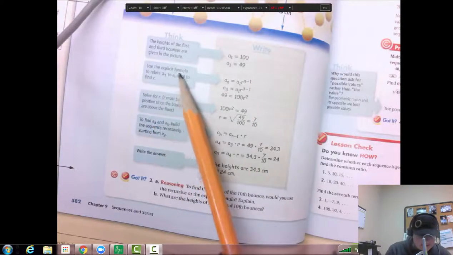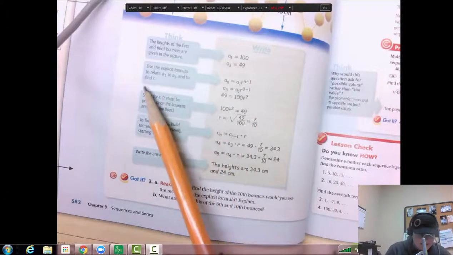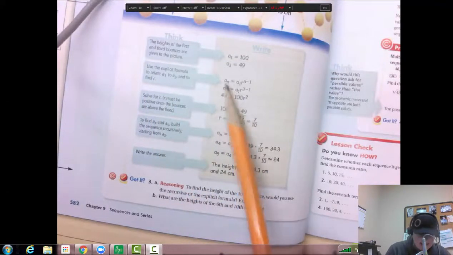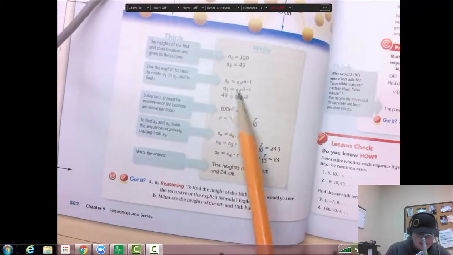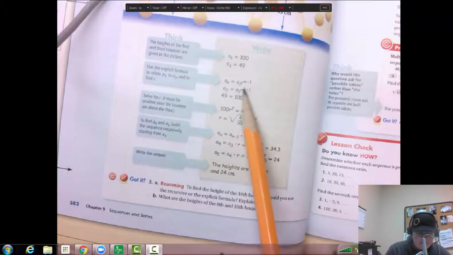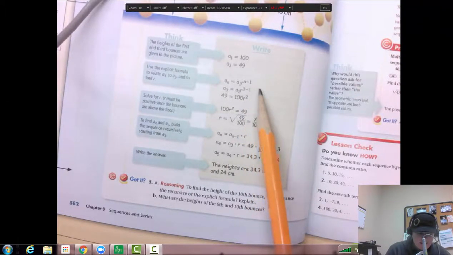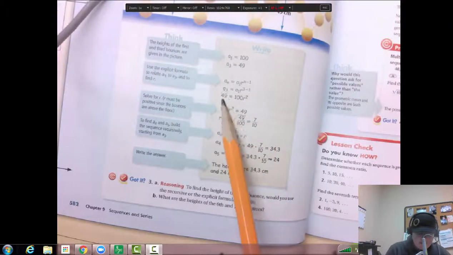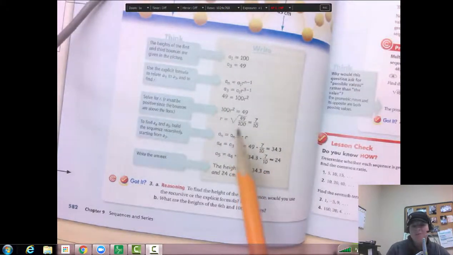You can use the explicit formula to relate A1 and A3 and to find R. So this is how they thought of it. A sub n is equal to our formula here. So if I did a sub 3, it's equal to a sub 1 times r to the 3 minus 1, or r squared. Then they put in the 100 here, and the 49 here, and solved this. So they got out our R. What is the relationship between them?